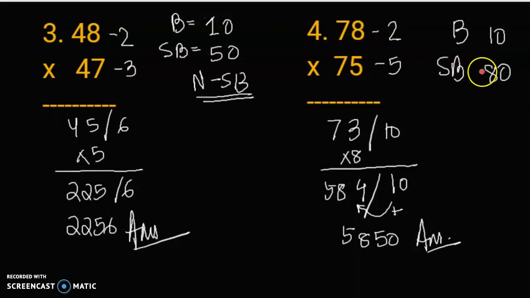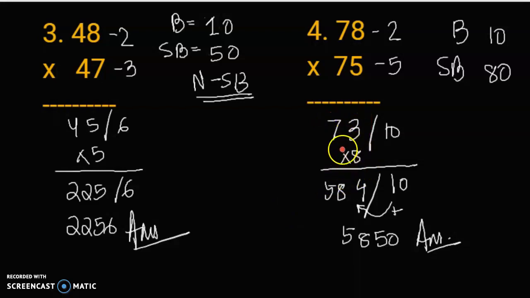So the sub-base is 80, and you get minus 2 here, and minus 5 here. Multiplying the 2 and 5, you get 10 here. And 78 minus 5 or 75 minus 2, you get 73 here.